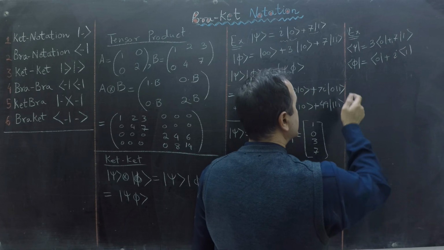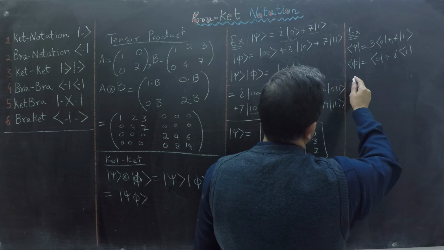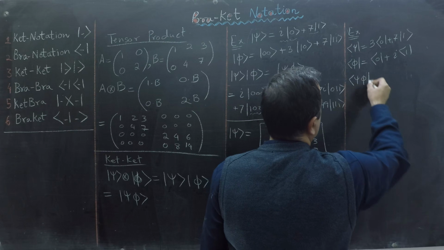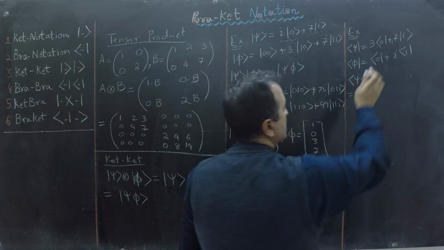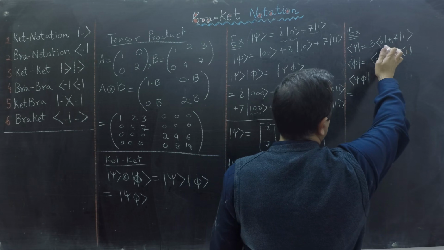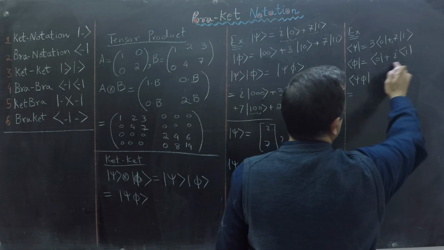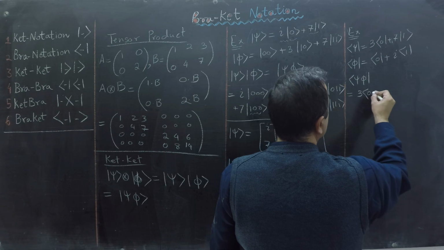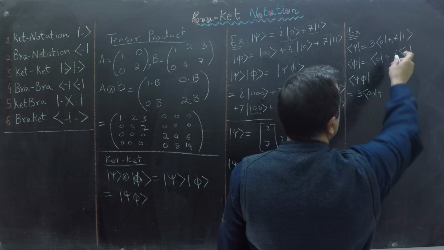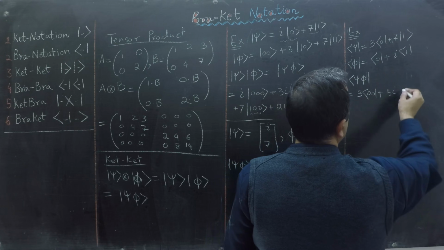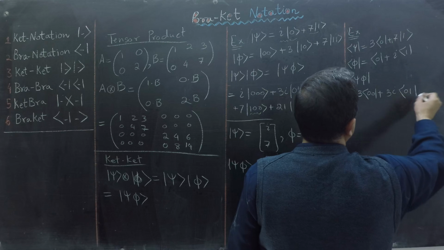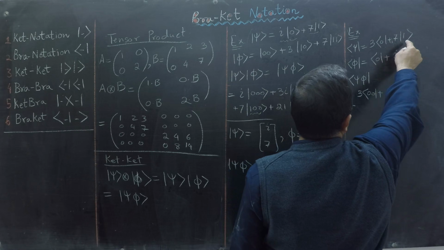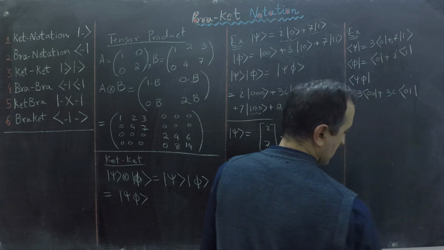I have to compute the tensor product of Bra psi and Bra phi, and this will be equal to: I first take 3 Bra 0 and then multiply it with both of those components. I will get 3 Bra 00 plus 3 iota Bra 01 plus, now I will take 7, this should be Bra, not Ket.